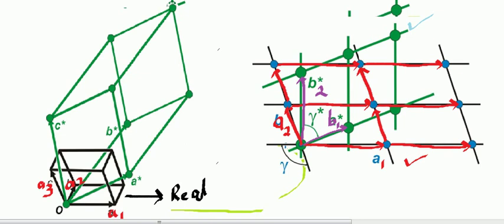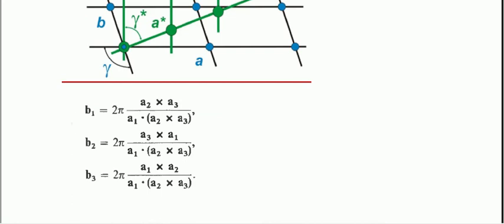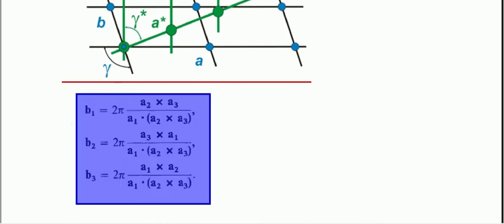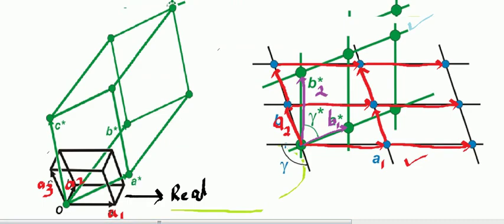We know that by using this relation, you remember this relation, we can go from real vectors a1, a2, a3 to reciprocal vectors b1, b2 and b3. Now b1, b2 and b3 will span the reciprocal lattice, like a1, a2 and a3 span the real 3D crystal, the black one.